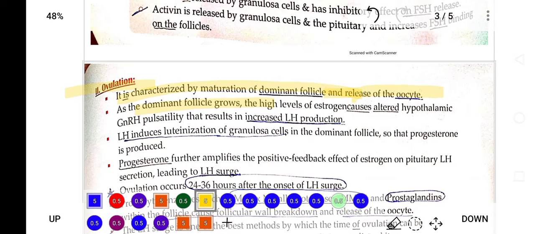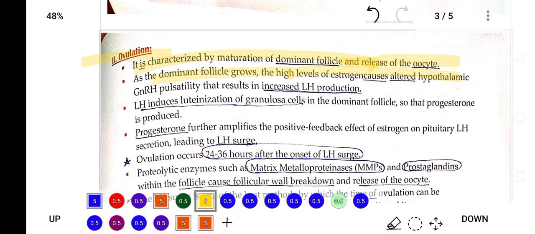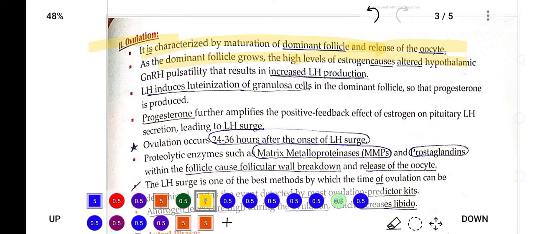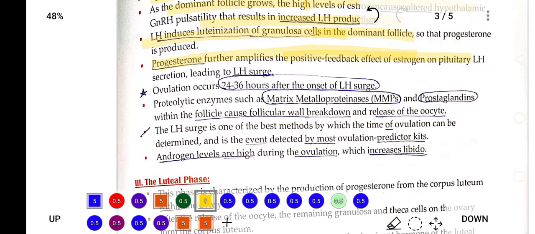As the dominant follicle grows, the highest level of estrogen causes hypothalamic GnRH pulsatility that results in increased LH production. LH induces luteinization of granulosa cells of the dominant follicle, and progesterone further amplifies the positive feedback effect of estrogen on pituitary secretion, leading to the LH surge.